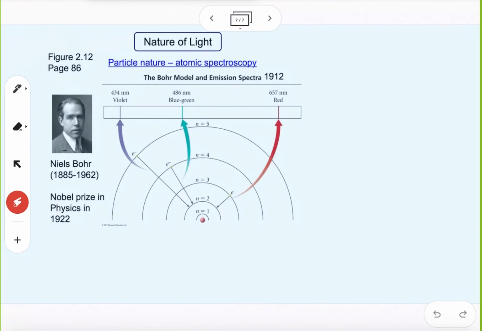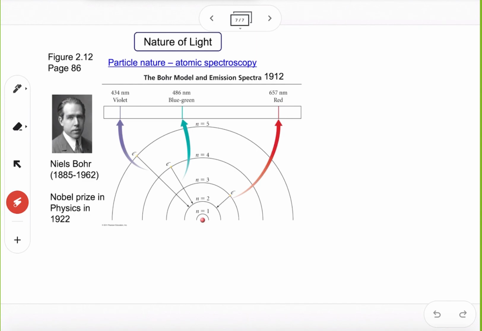The last slide of this video is about the Bohr model of an atom, and how we use atomic spectroscopy to verify the Bohr model of an atom. The Bohr model was developed by this young gentleman. He won the Nobel Prize when he was 37 years old.